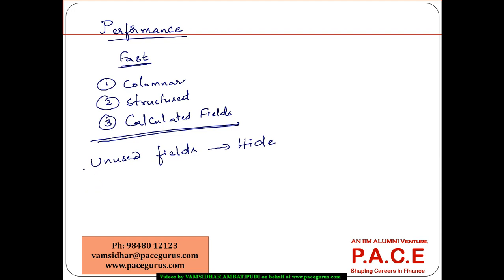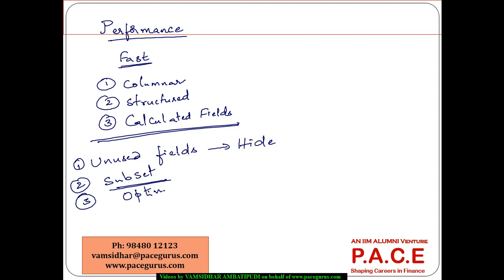And wherever possible, don't extract the whole data. If the data source has 10 years of data, but you are planning to visualize only the last 2 years, then filter the data and get only the subset so that the extract will be much more powerful.